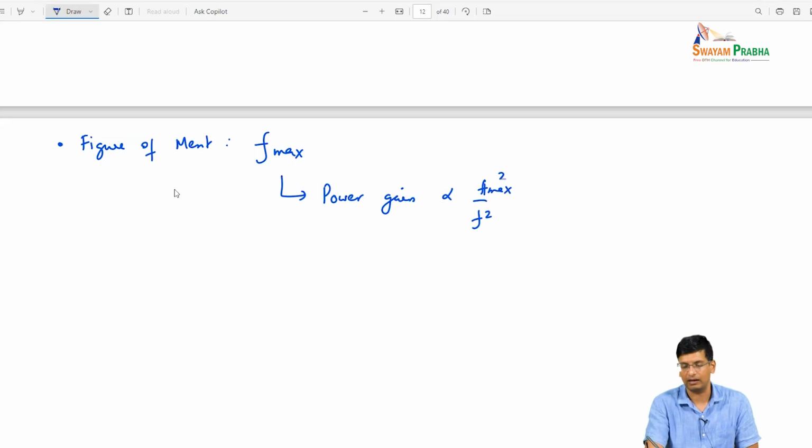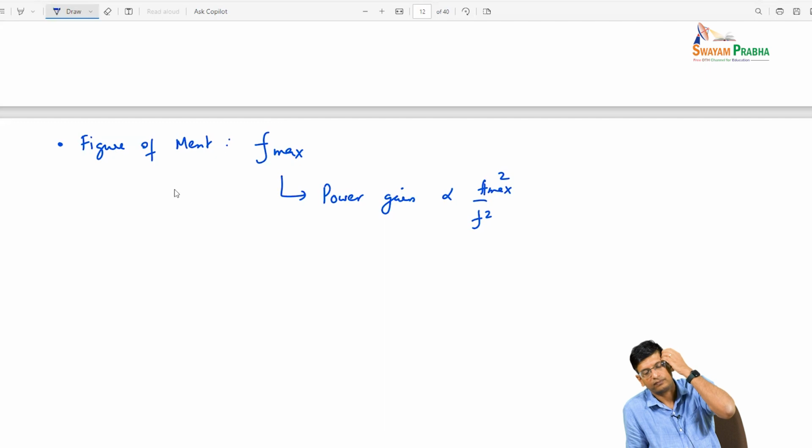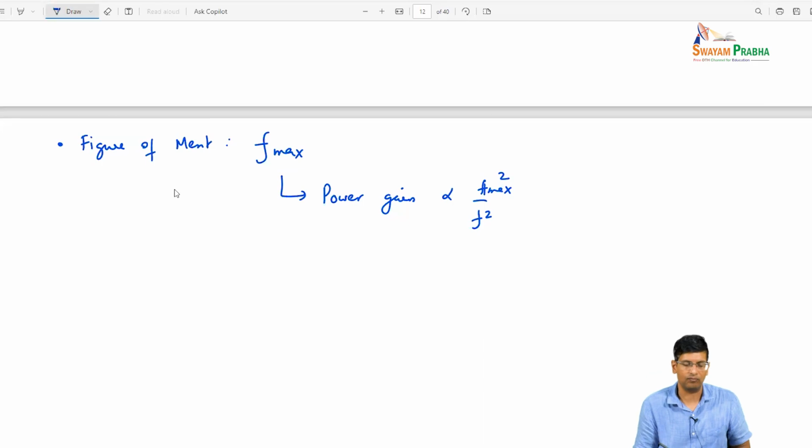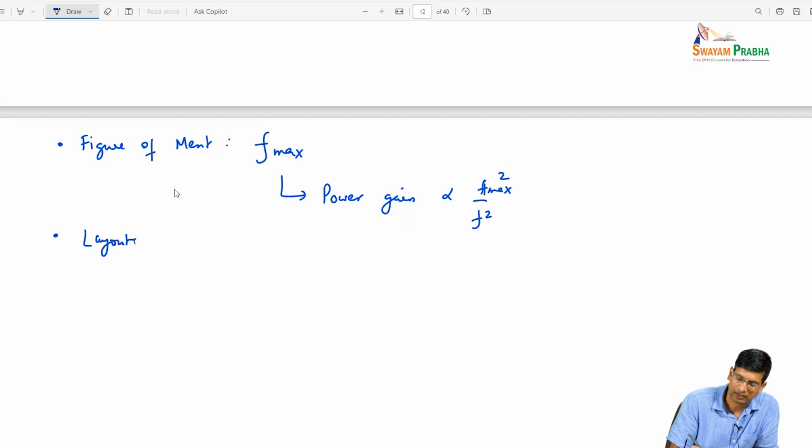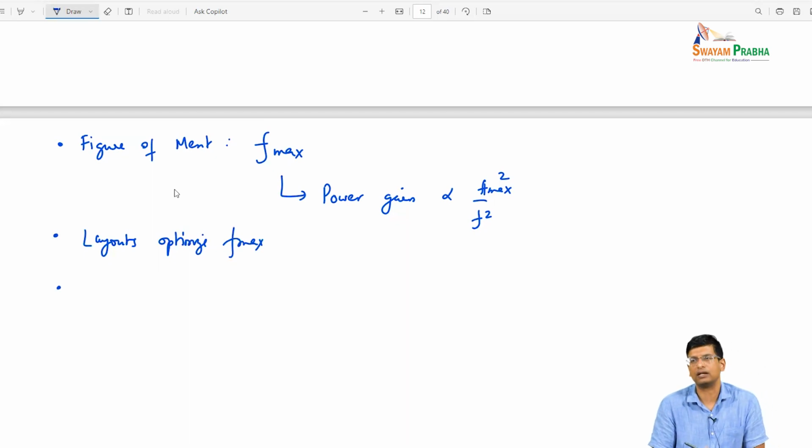So we can effectively estimate how much gain we can get at our frequency once we have Fmax, right? So that is this thing. We've seen some layouts that optimize Fmax. We have also seen, if you think about it one way, that adding that CGD is a little bit like unilateralization, because you're adding a feedback to basically remove the Y12 term.